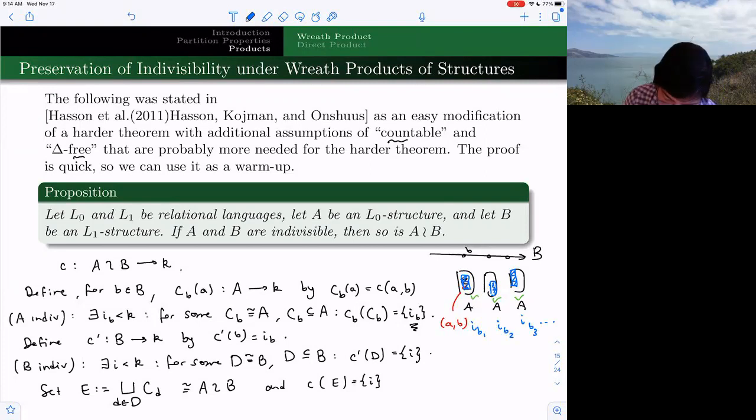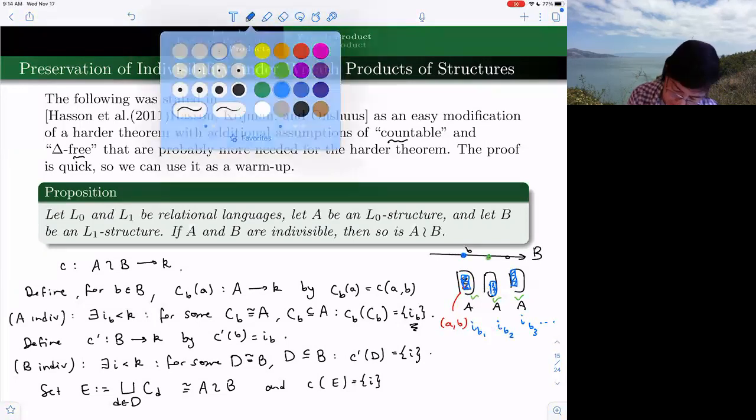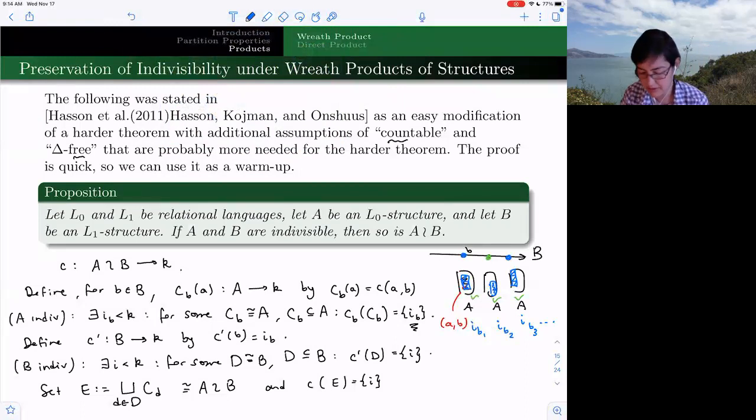But then you're now coloring these points according to what was I of b. And then by indivisibility of B, you should be able to choose a copy of B, which we'll call D, and then those points are the same color. So now you just put together these pieces and you get a copy of the original, but all the points in that copy are one color.